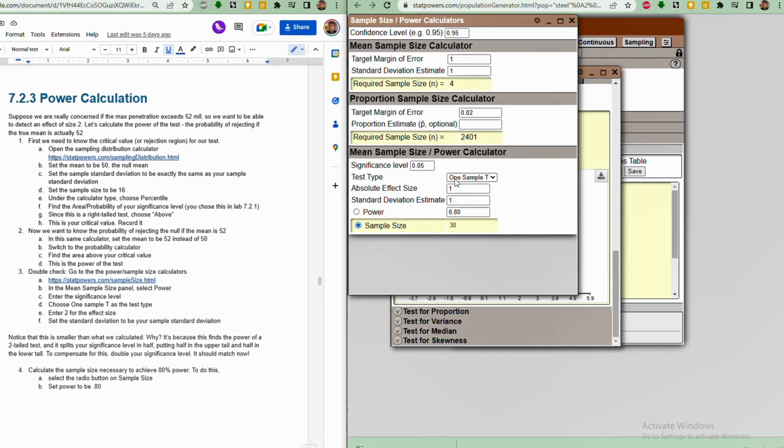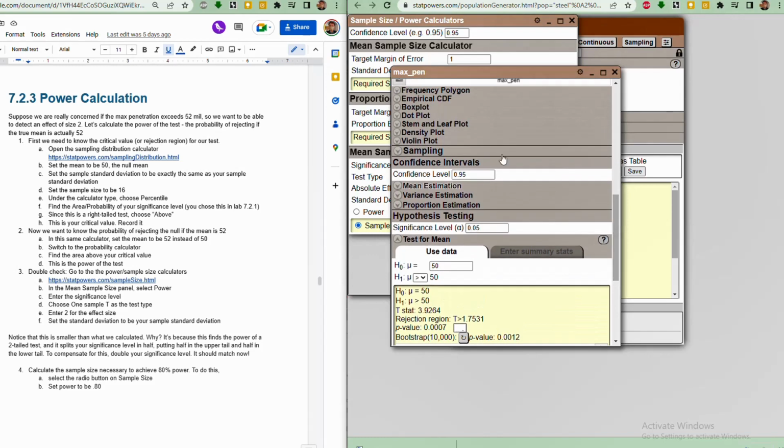So looking at a one sample t-test, the bottom panel for the mean sample size power, in the lab we're looking to see how large of a sample is needed to detect an effect of 2 mils. So we set the effect size to be 2 and the standard deviation to be our population standard deviation, which our best estimate of is going to be our sample standard deviation.